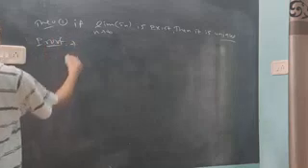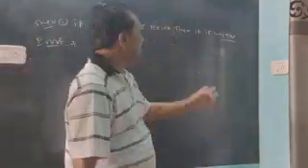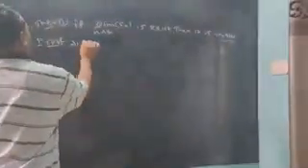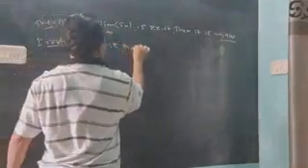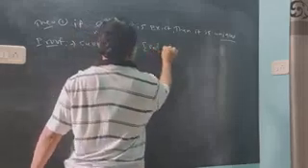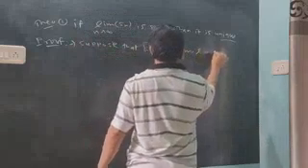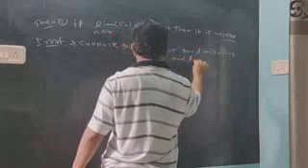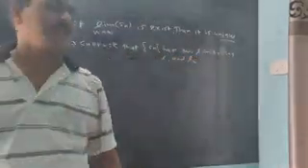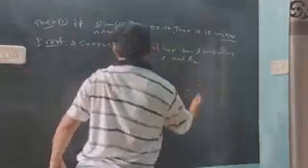Prove this theorem. Suppose it has two limits, and lastly we show they are equal. So suppose that this sequence S_n has two limits, say L1 and L2.